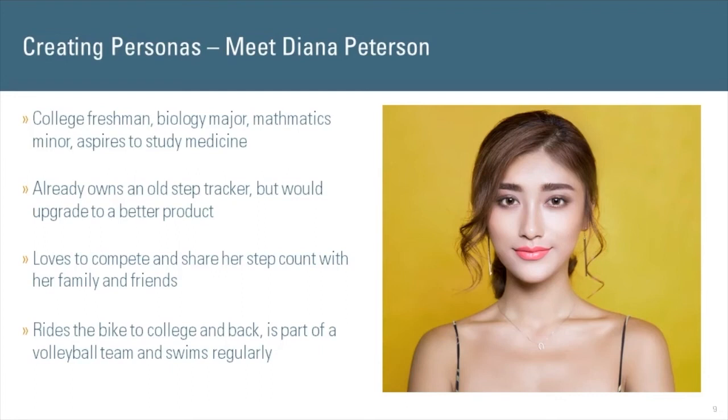She is already familiar with the product because she owns a step tracker, but would upgrade to a better product. So you can keep that in mind when you design your new system, that it can capture some features of her current product to increase familiarity. And yeah, there are some characteristics listed, like that she loves to compete, and she shares her step count with her friends and family.